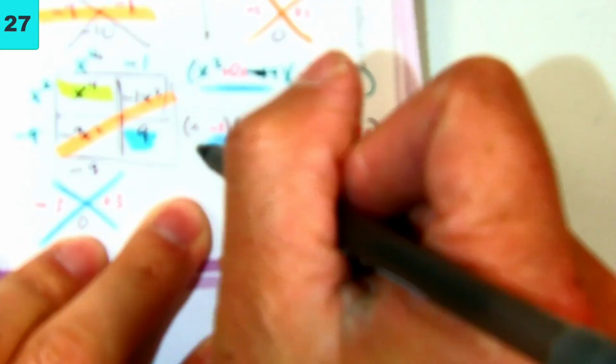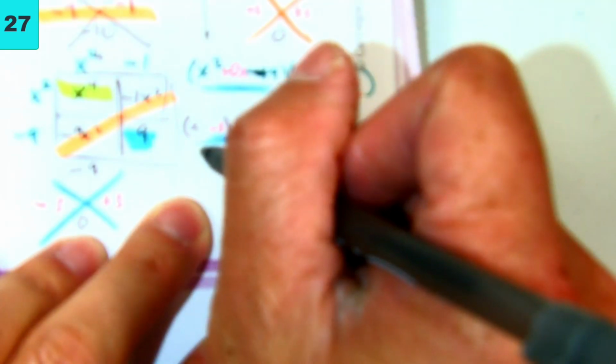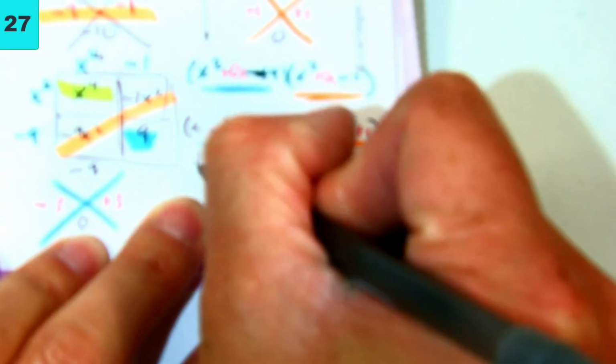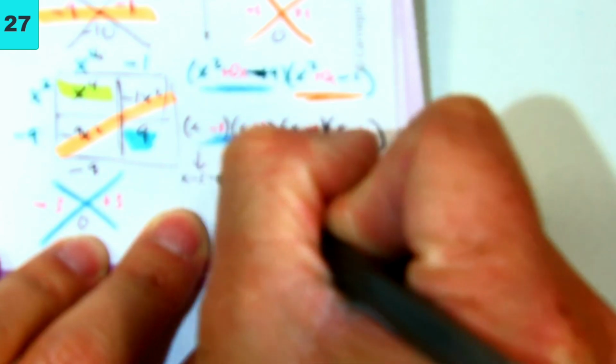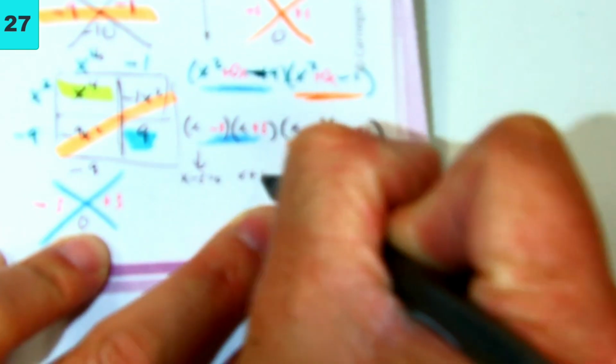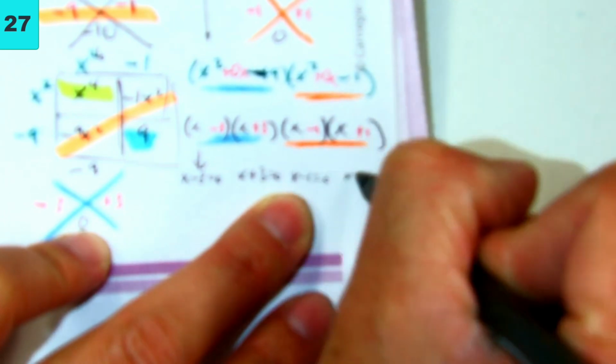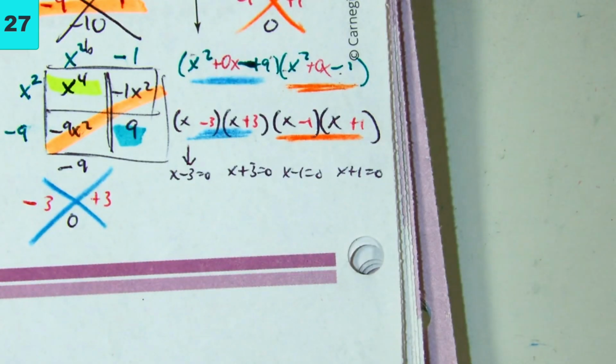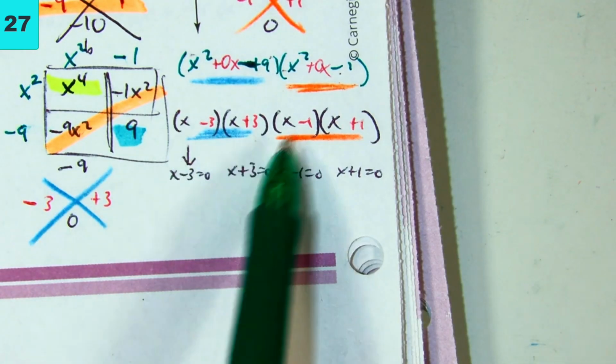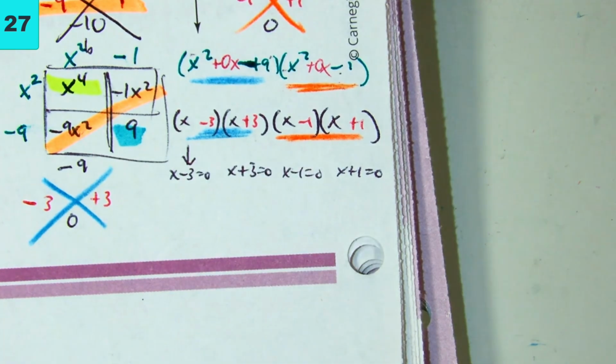Now, we're going to do the second part where it says identify the zeros. So all that means is set it equal to 0 and solve. Let's do that. So I set each of those binomials, or the parentheses, or the factors equal to 0.